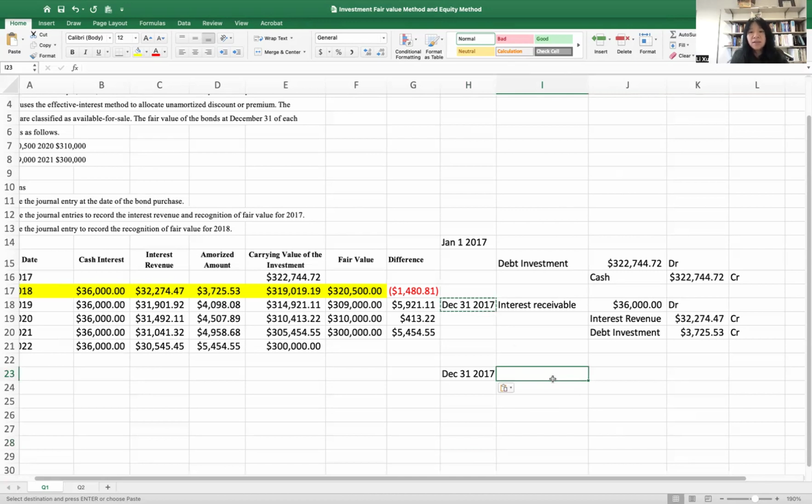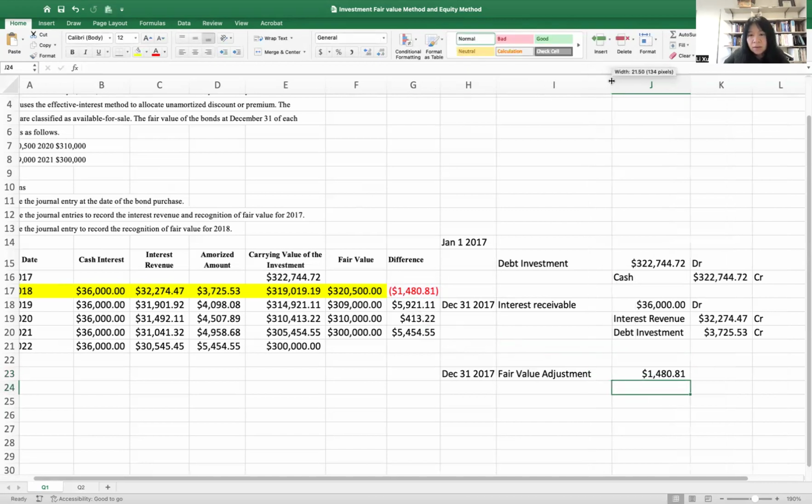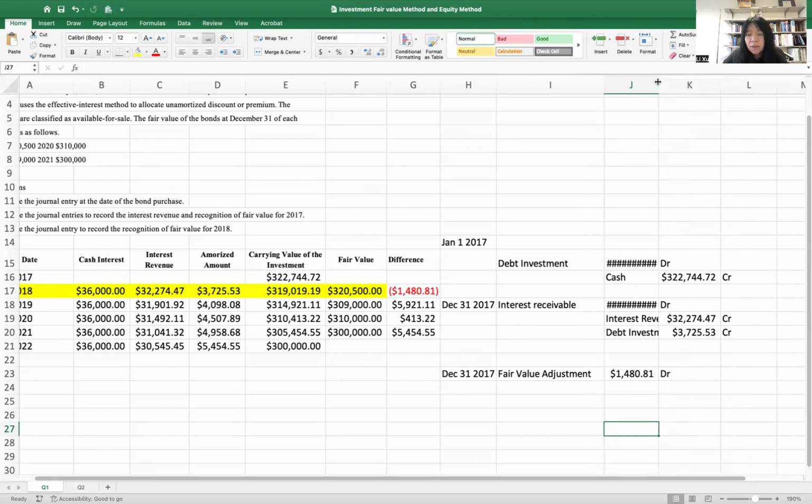Because when you debit this account, it's the same direction as the normal balance of the investment, so you're increasing the net debt investment. So here, we're going to use a fair value adjustment account, and we're gonna debit this difference. And then to credit, we're going to use unrealized gains and losses.